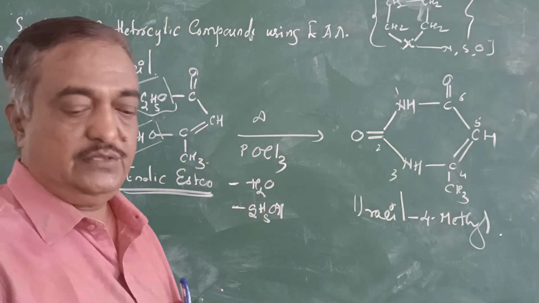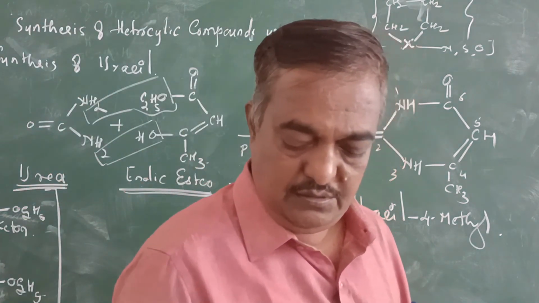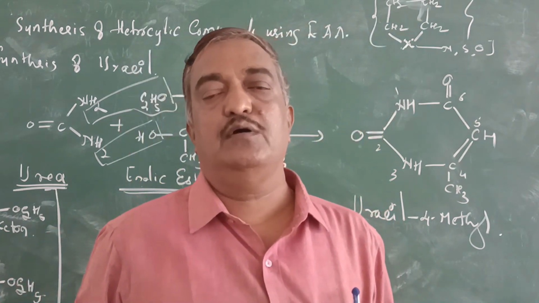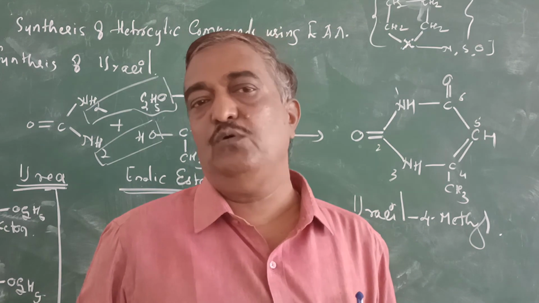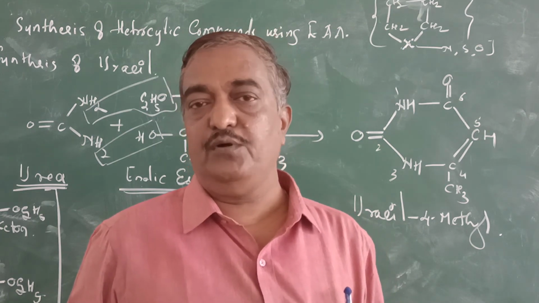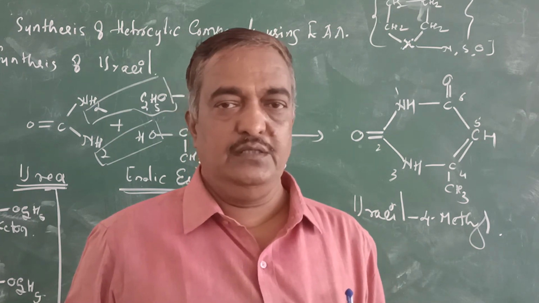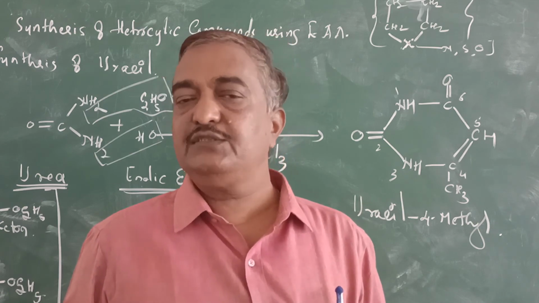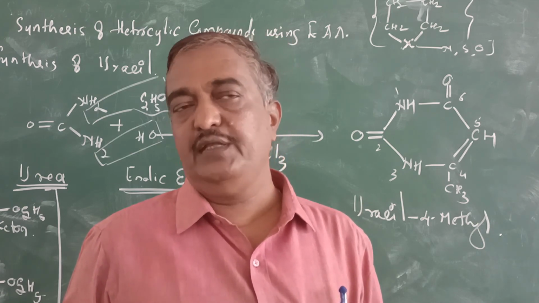So with this the first compound, ethyl acetoacetate, and its preparation into a variety of organic compounds can be explained according to your syllabus. Now we will move to the next compound, that is diethyl malonate.